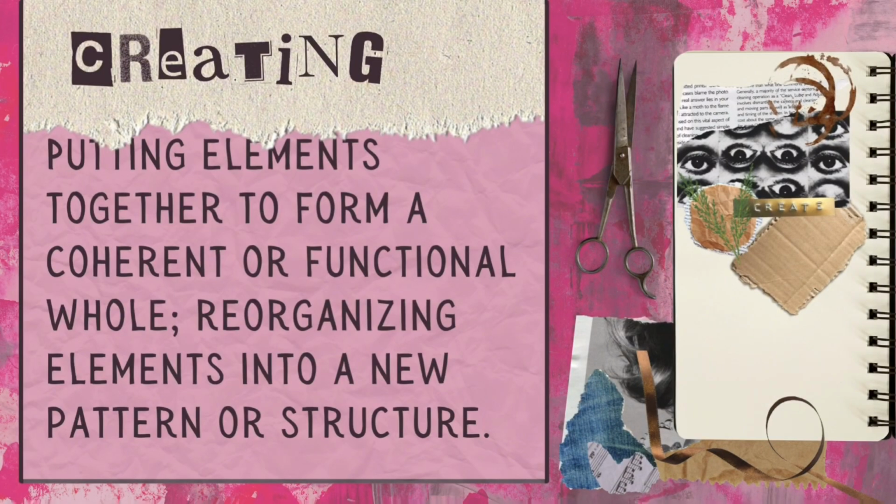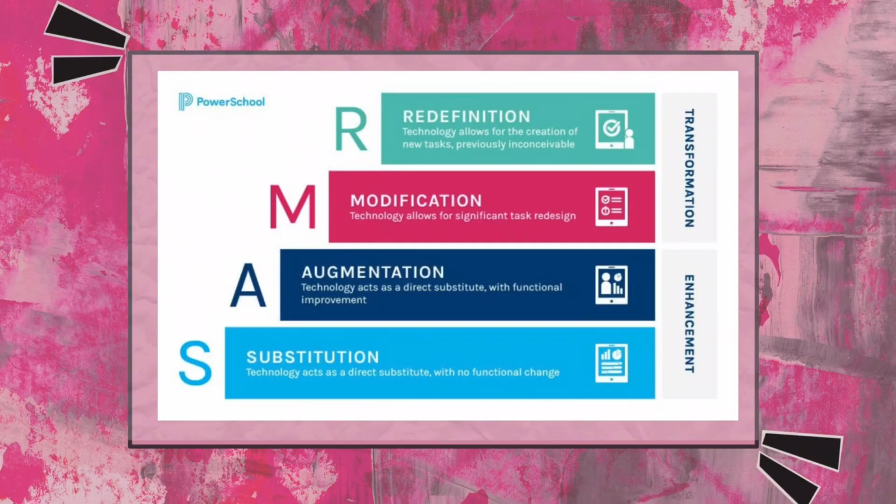And now let's move to the last part of the slides, SAMR. This model consists of 4 steps, that is substitution. Technology acts as a direct substitute with no functional change. Augmentation. Technology acts as a direct substitute with functional improvement. Modification.